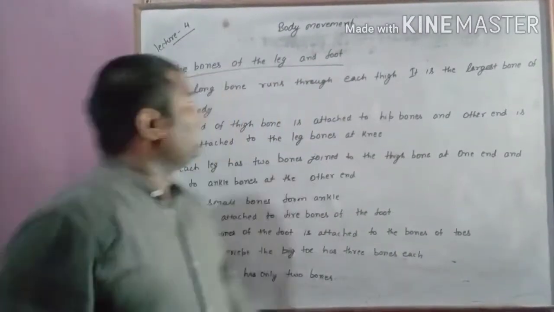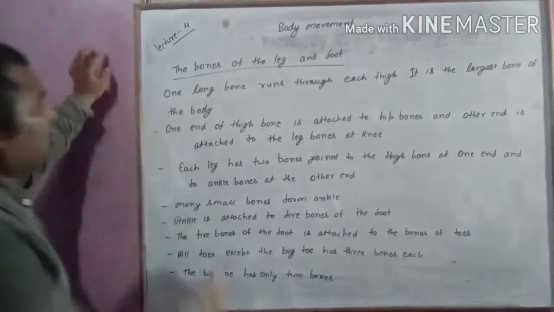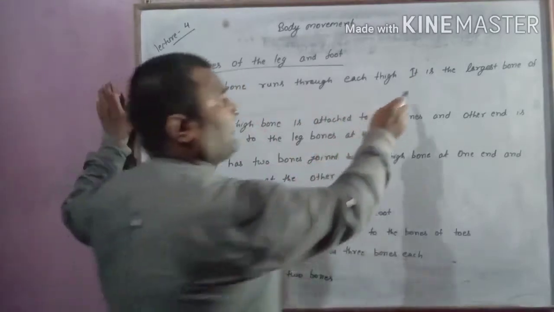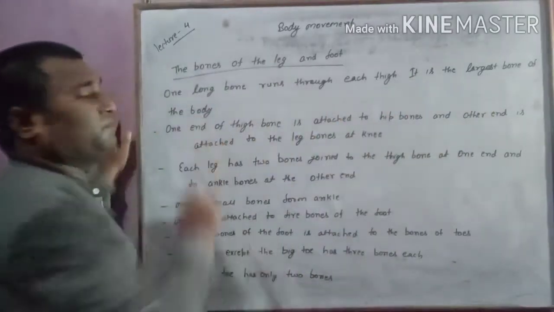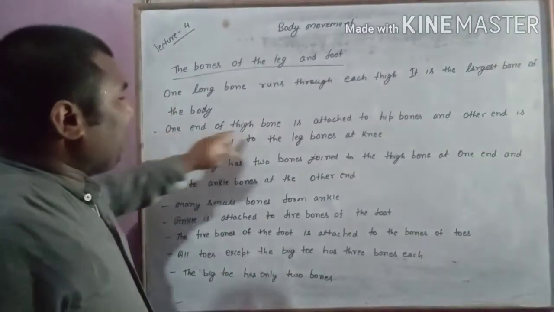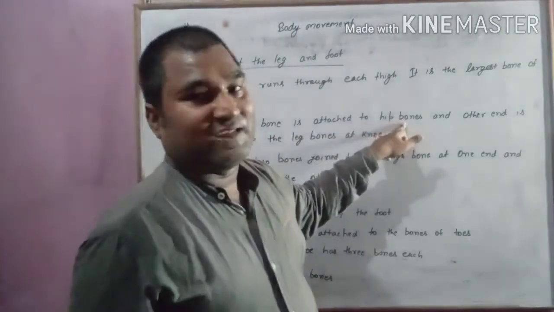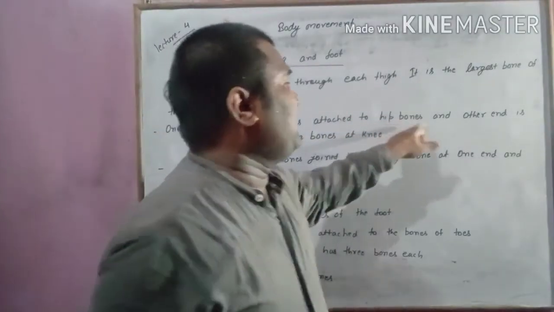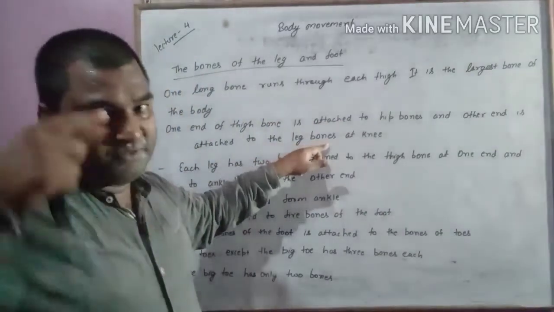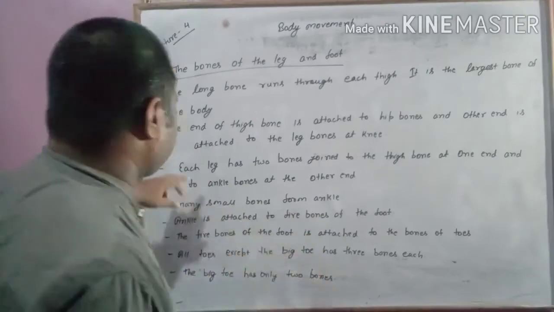The bones of leg and foot. One long bone runs through each thigh and it is the largest bone of the body, that is called femur. One end of the thigh bone is attached to the hip bones, that I have told you, hip joint, and the other end is attached to the leg bones, means two bones, same as that of forearm.